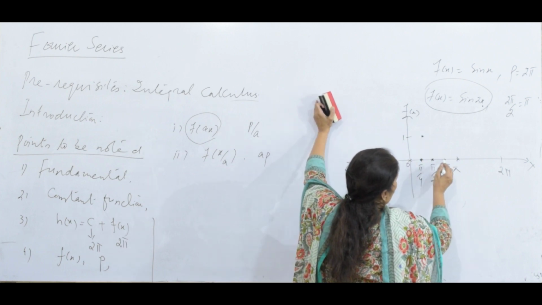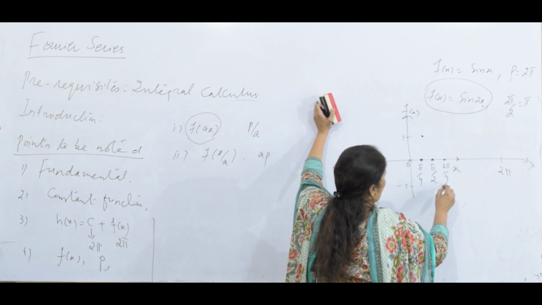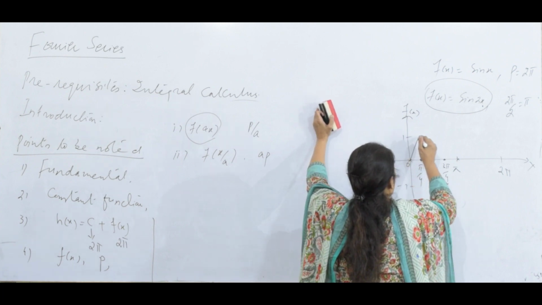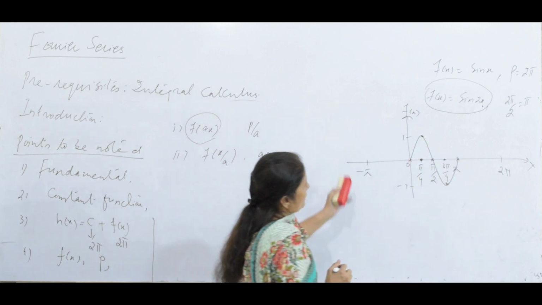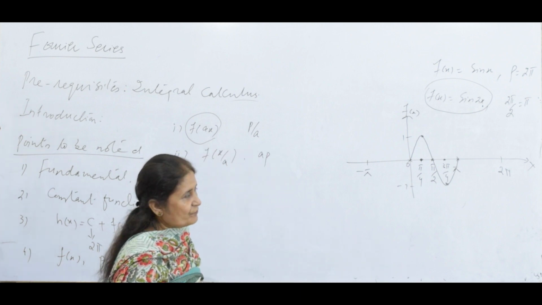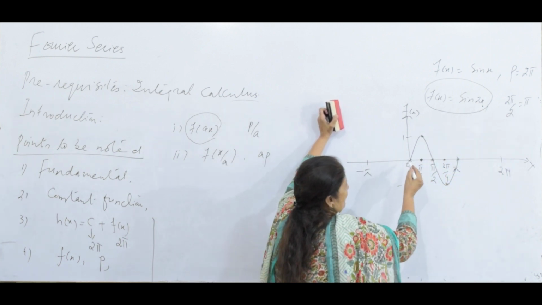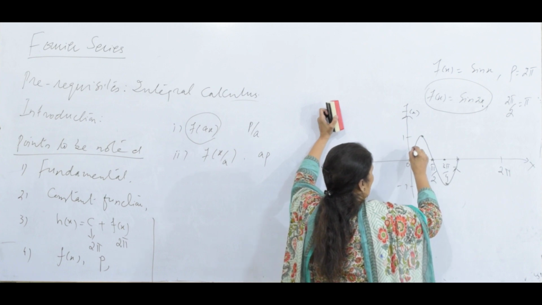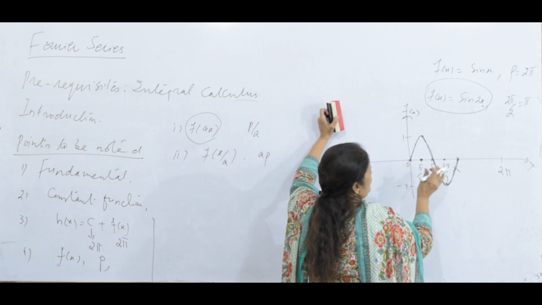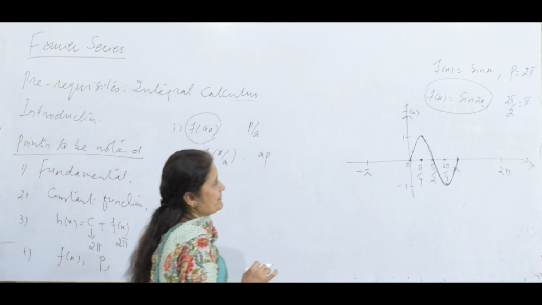At 3 pi by 4, it is sin 3 pi by 2, which is minus 1. So I'll sketch the graph like this. So this is the period for sin 2x. Sin 2x has period pi. This graph starts from 0, comes up to here, then goes down and comes back to here. So this graph repeats after pi and again it is going to be repeated.